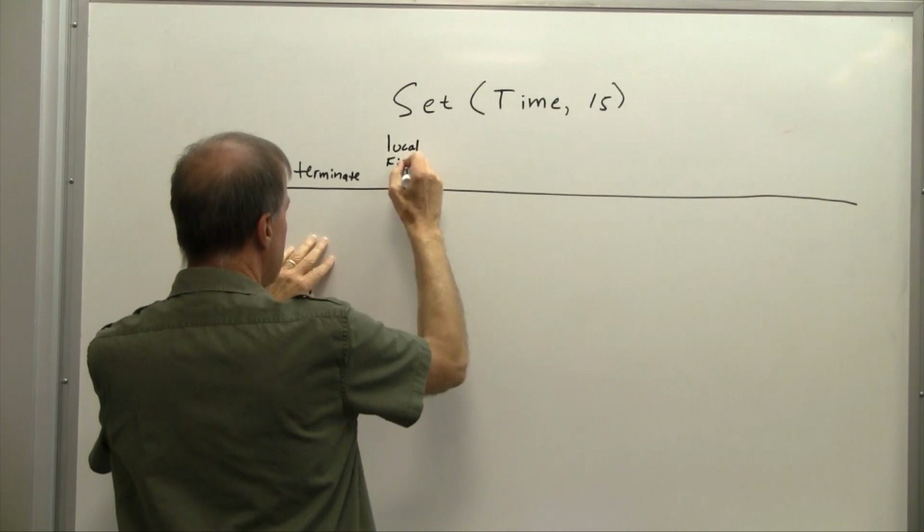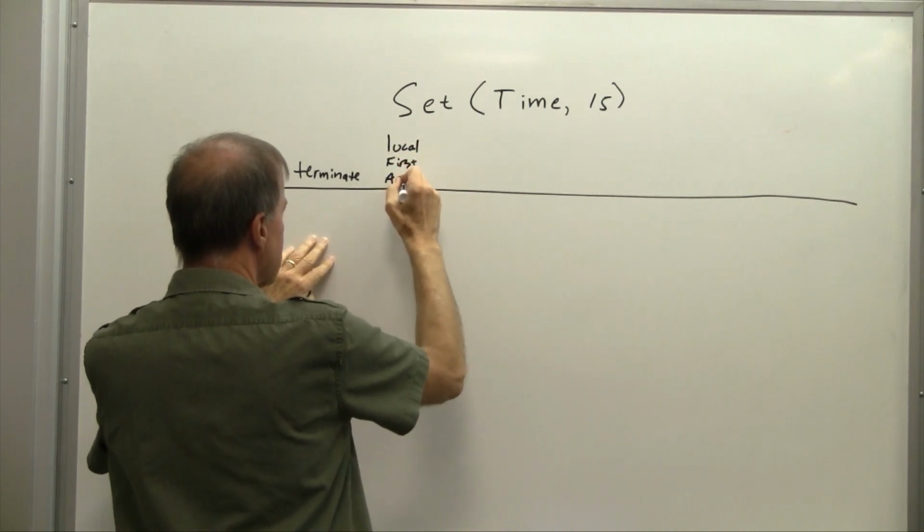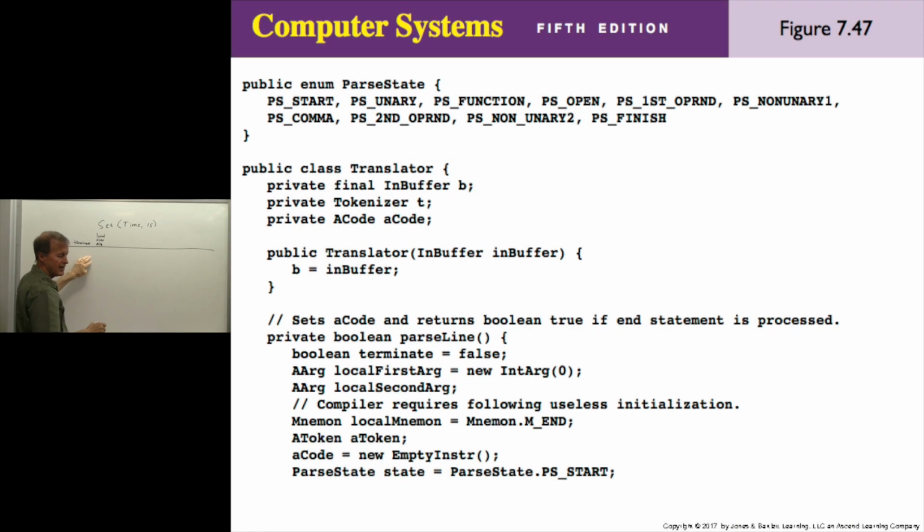Now I noticed a little inconsistency here. One of these is initialized, the other one's not. That's not good. I should have been consistent and initialized them both. It's a little deficiency in my code here. You see how the local second arg is not initialized, but don't ask me why.